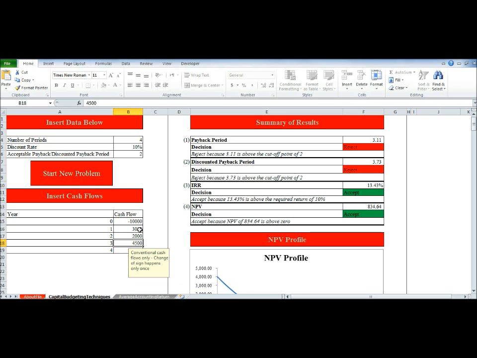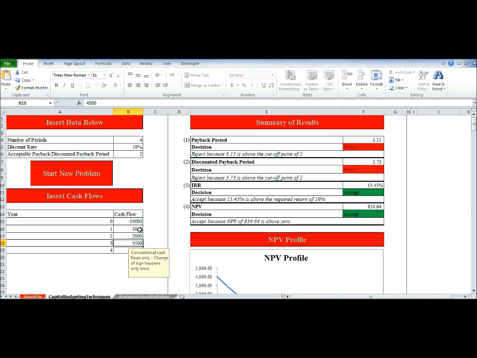Now notice that all we have done is rearrange the numbers. I haven't changed the total amount of cash flows. You can see that the total NPV of the project has decreased. The IRR, the internal rate of return, has decreased as well. So this is one way. Theoretically, this is because when large cash flows are moved later in time, the discount rate has a higher effect on them than when they are in early periods, because of the compounding effect.